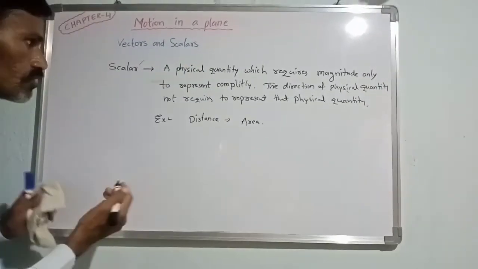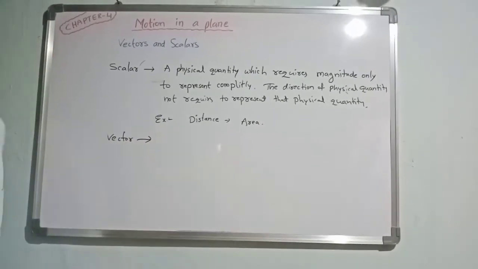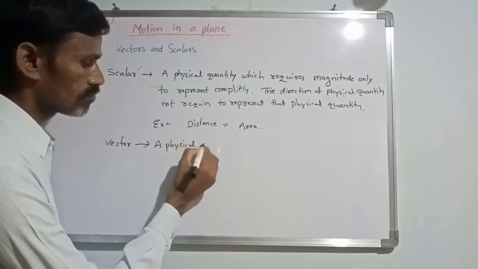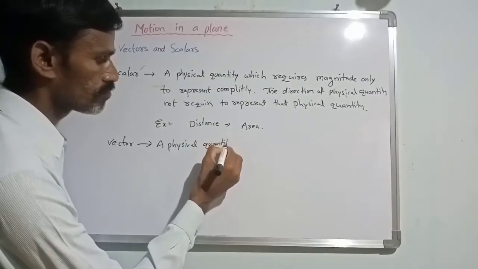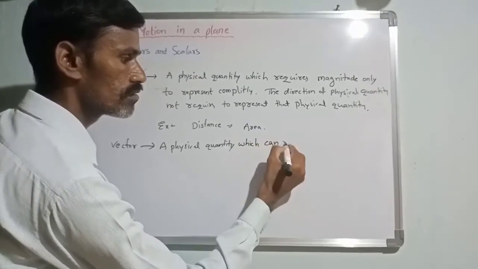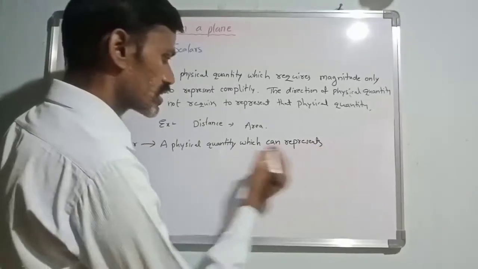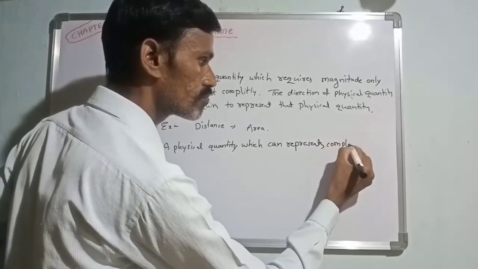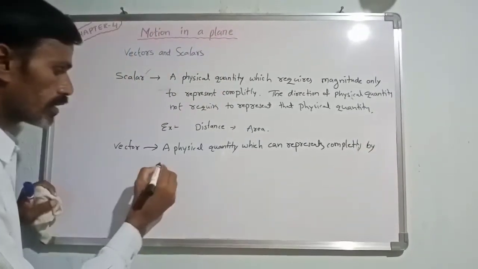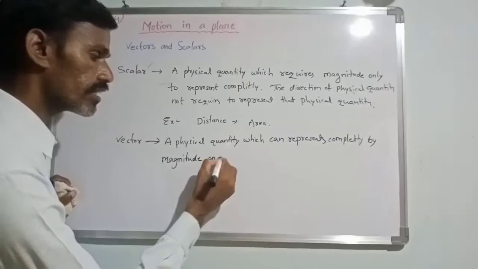Now we define what is a vector. A vector is a physical quantity which can be represented completely by magnitude and direction.